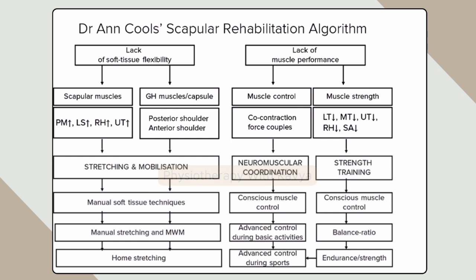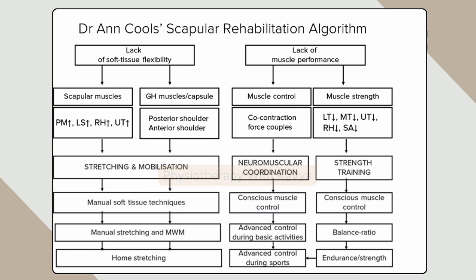With lack of tissue flexibility, we can go for stretching and mobilization, manual soft tissue techniques, manual stretching, home stretching, mobilization with movement of the affected muscles. With lack of muscle performance, we can go for muscle control and muscle strengthening.